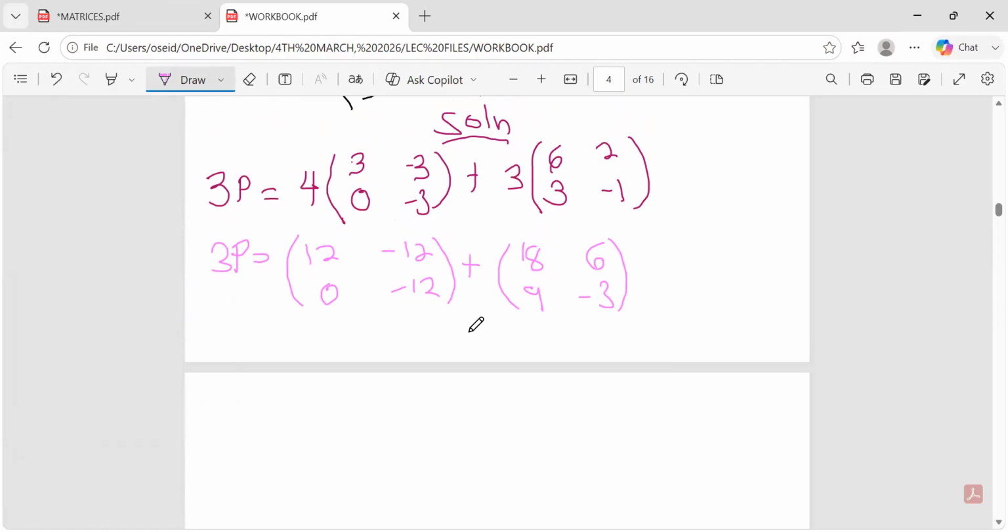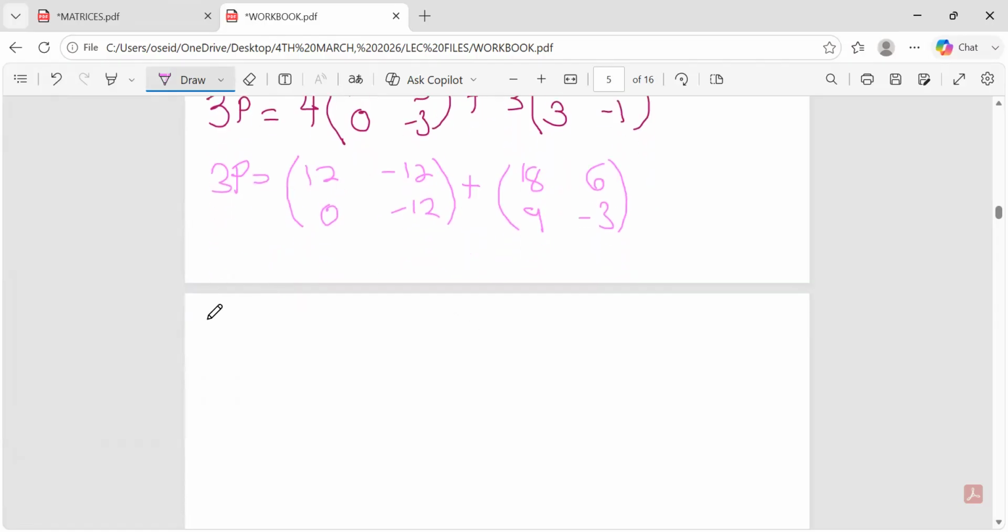Now we are moving on to the addition method. So we are going to get 3p will be equal to brackets 12 plus 18, because 12 corresponds with 18. Then 0 plus 9.